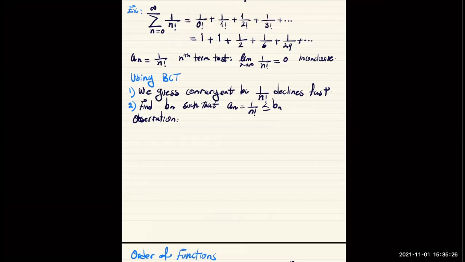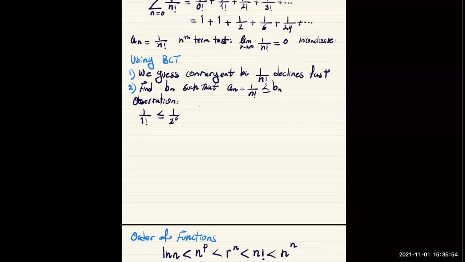Here is how it's done. 1 over 1 factorial is less than or equal to 1 over 2 to the power of 0. 1 factorial is 1, and 2 to the 0 is 1, so this is a true inequality.